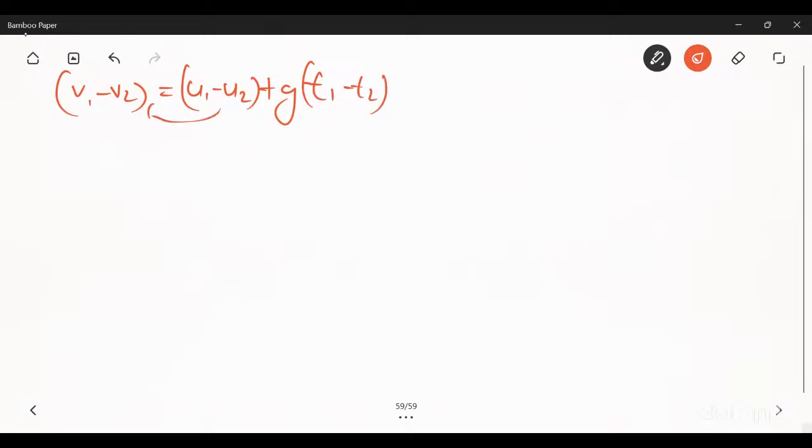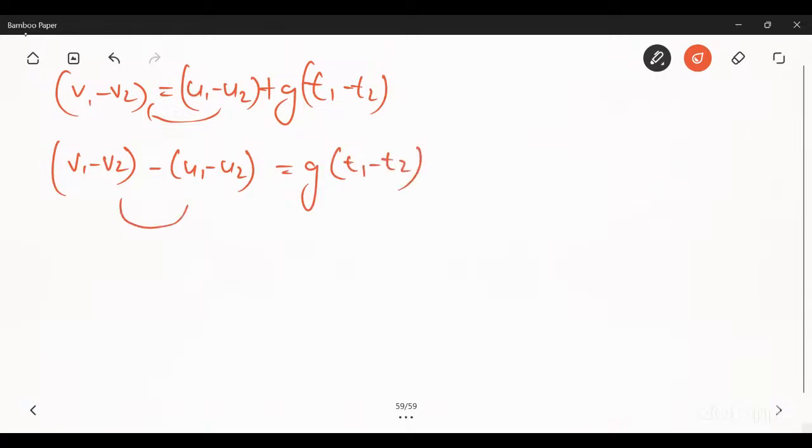If that term comes to the left hand side, then V1 minus V2 minus U1 minus U2 is equal to G of T1 minus T2. What is this? This is the change in relative velocity.